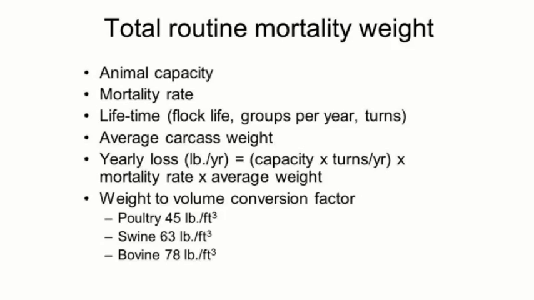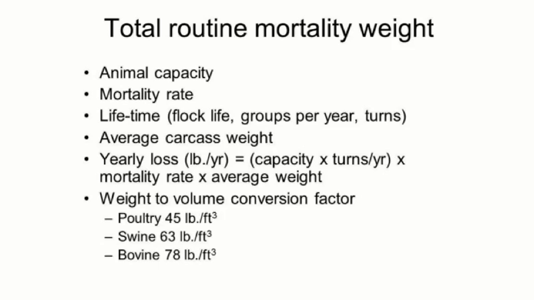We can take those and calculate, in this case, yearly loss, but it could be on a shorter period of time. For yearly loss, we take the capacity times the turns, times the rate, times the weight. That will give us, in this case, pounds or kilograms or a unit of mass per year. Now, at the very bottom of the slide, I show you a weight to volume conversion factor for poultry, swine, and bovines, cattle carcasses.